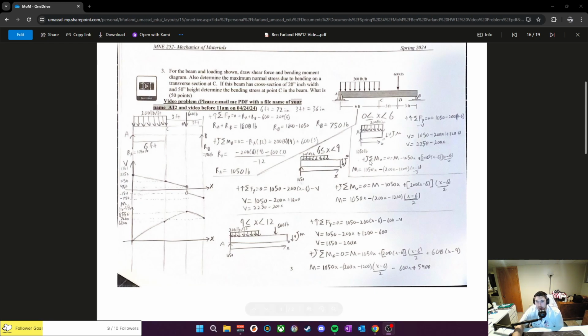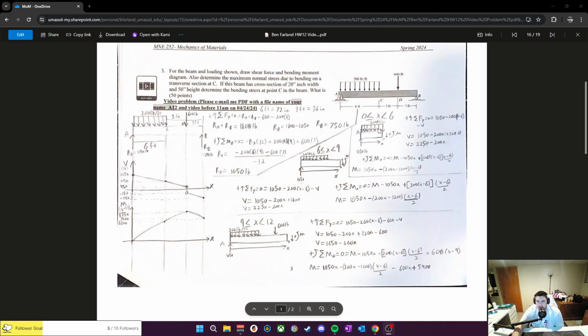We can also find the bending moment using the sum of the moments at point O, where counterclockwise is positive. The sum of the moments is equal to 0, which is equal to the bending moment minus 1,050 times the distance x. It is negative because it's going in the counterclockwise direction.